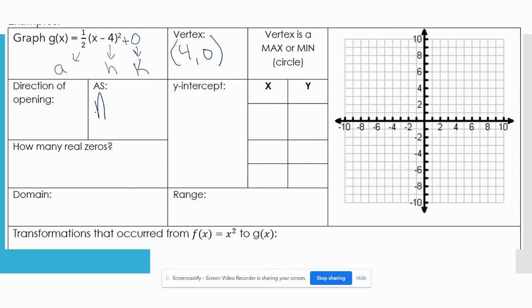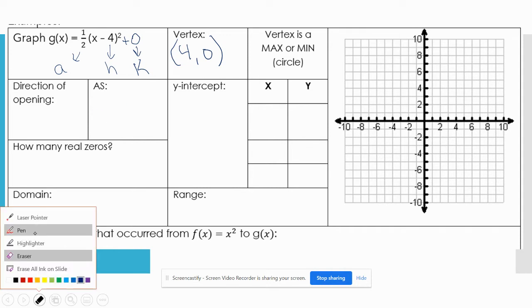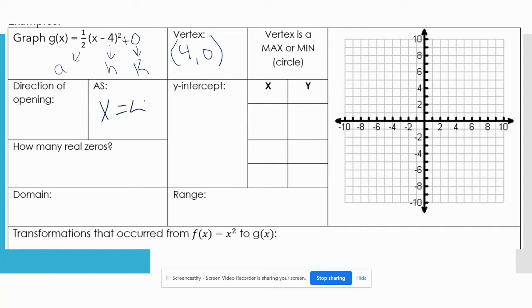Our axis of symmetry is at x is equal to 4. Our y-intercept, we would do 1/2 times 0 minus 4 squared. I'll plug that into my calculator, or you can do the math by hand, and you end up with a y-intercept at positive 8.